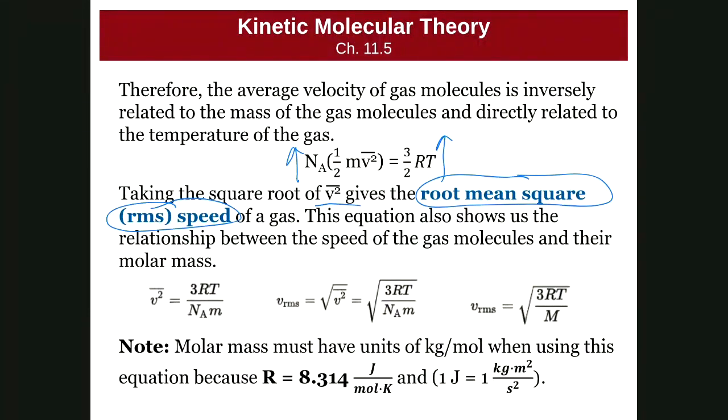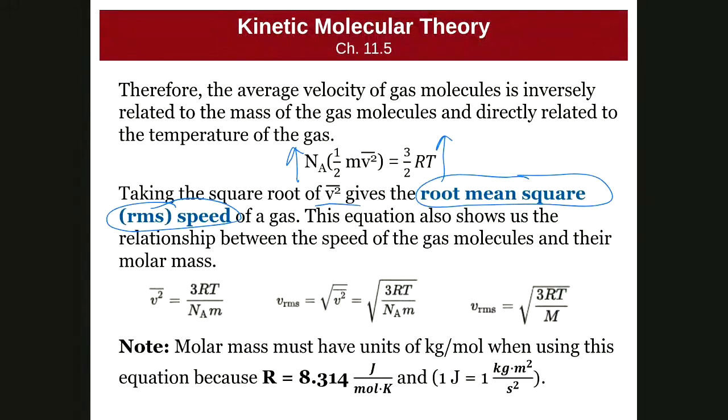You would see that if you plugged in some numbers, if you take the average of the square and then take the square root versus if you take the square root and then the average, you get different numbers. So it is slightly different, but you don't need to worry about that for now or for the rest of the semester. So root mean square speed of a gas.